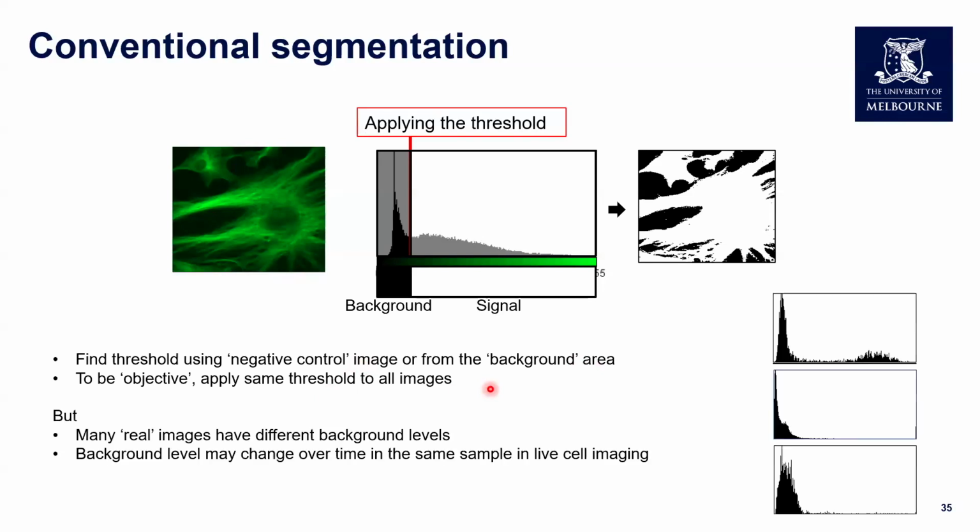But in many cases, real images have very different background levels, and even for the same sample the background level may change over time, especially when you're doing live cell imaging. So when image background levels are so different, applying a single threshold value will not always work.